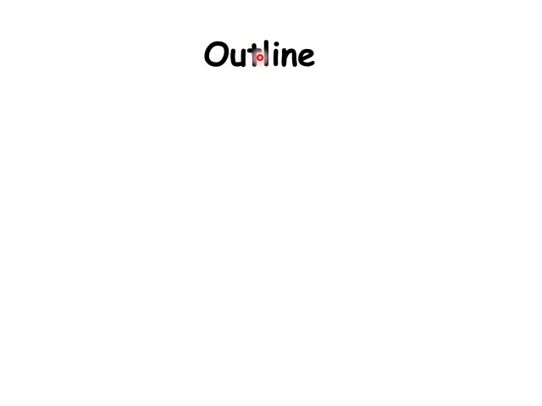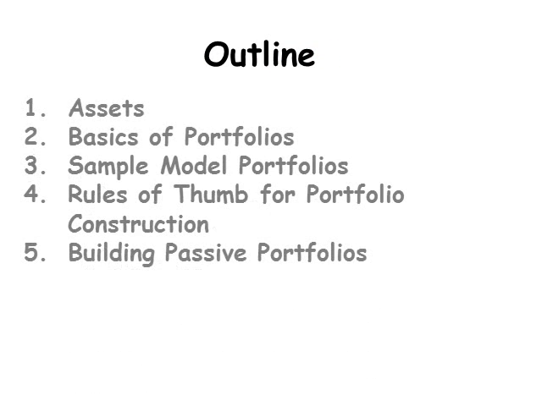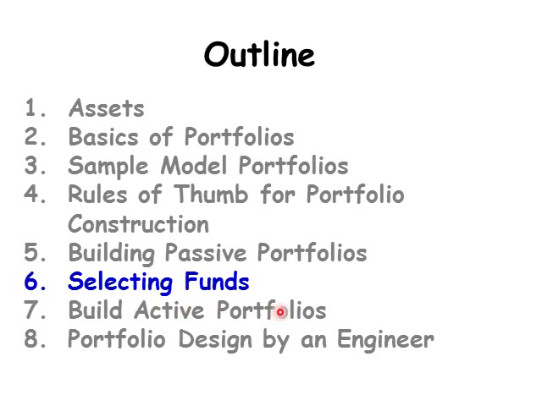Okay, let's continue with the next section here. We have already done the first 5 sections. Now this section is about selecting funds. Then we have 2 more sections after that. Selecting funds is one of the most time-consuming sections here.